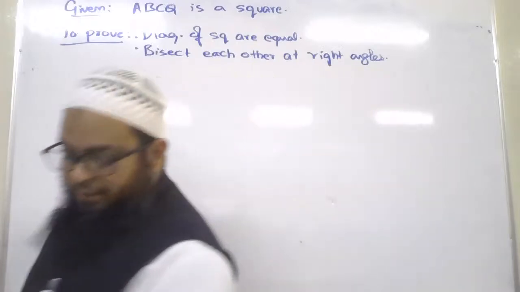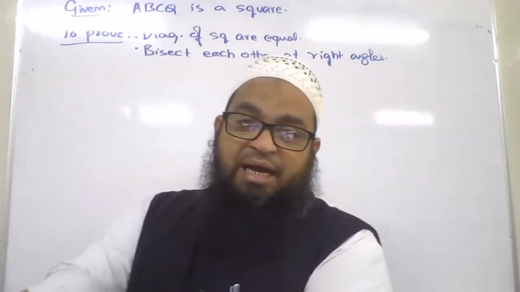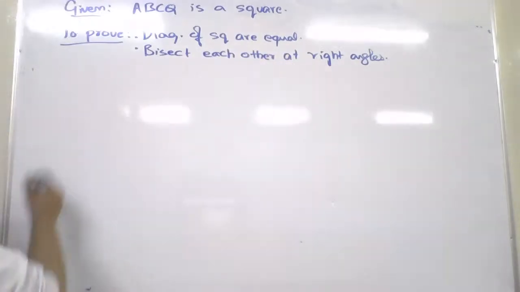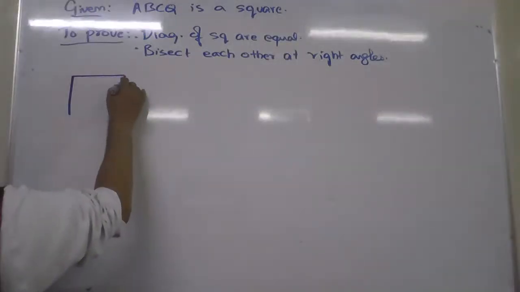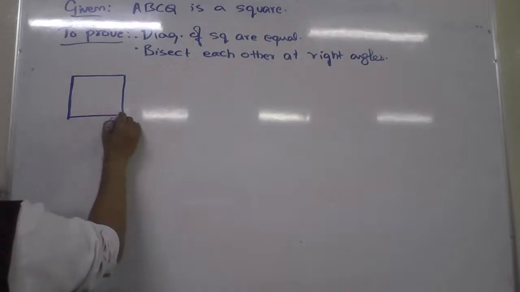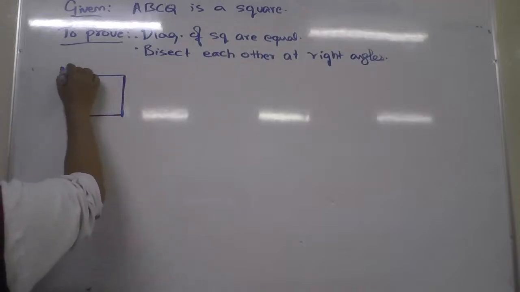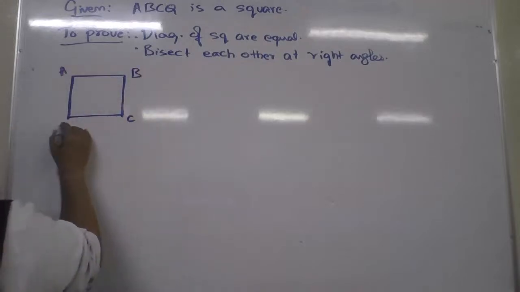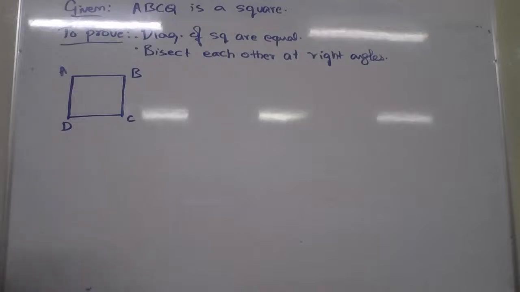Okay, now let us see what he is asking. You have to prove that diagonals of a square are equal. So this is A, B, C, D. Let ABCD be a square. Now what do you have to prove?